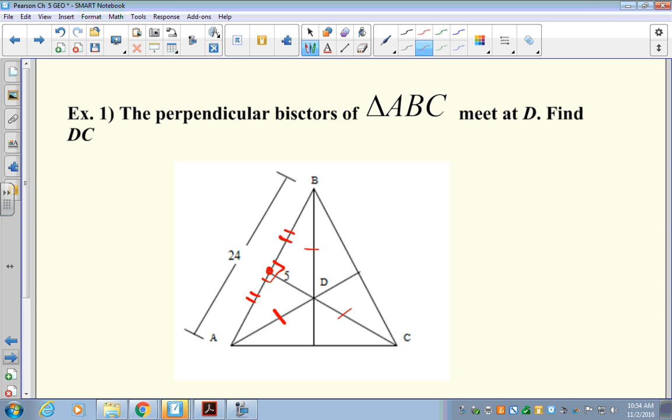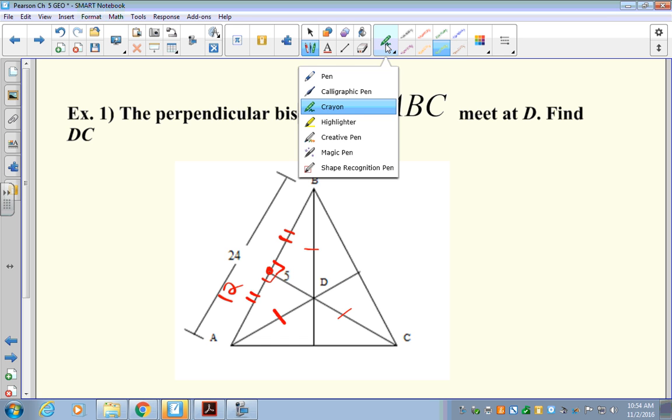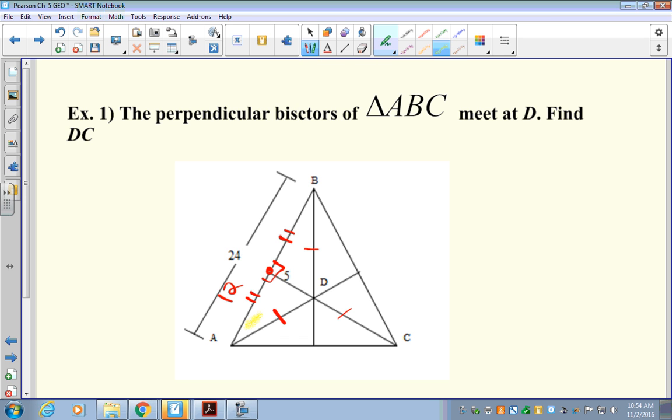If the whole thing is 24, then just a portion of that is 12. So then if I were to pull this little triangle out, I'm going to highlight the triangle I'm going to take out. Okay, I'm going to take out and redraw this little triangle right here.